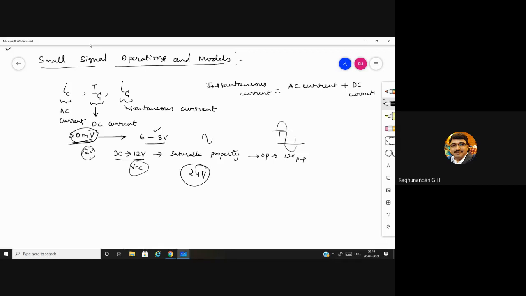So here, this 50 millivolt is our small signal, that is our AC voltage, which is going to be amplified into this. So this is our instantaneous current, which has the combination of AC as well as DC. And obviously we know that we are going to use a coupling capacitor to remove the unwanted DC, and we are going to get the pure AC. This is the story behind this.